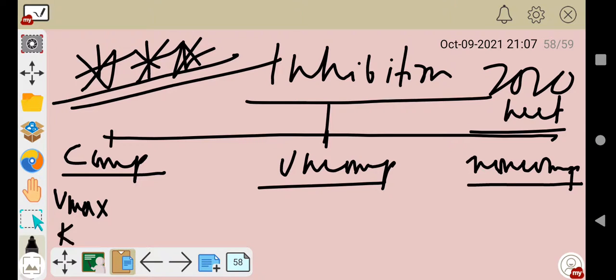Vmax and Km I'm writing here. Okay. Correct? Done? Now competitive. Vmax is not the issue, right? Vmax you can rule out, right? Problem is in the Km. So just remember Km is increased in competitive, Km is decreased in uncompetitive, no change in non-competitive.